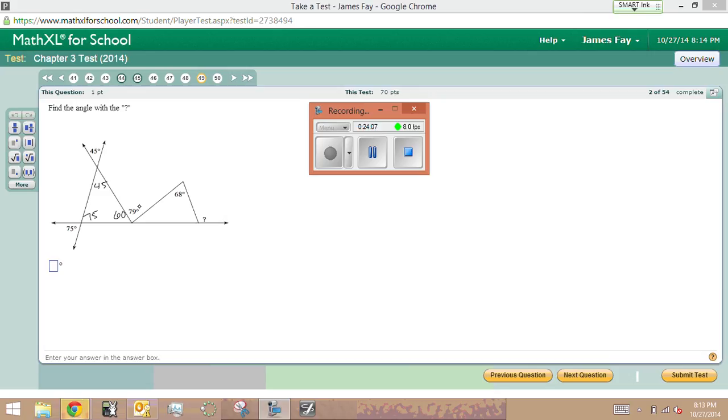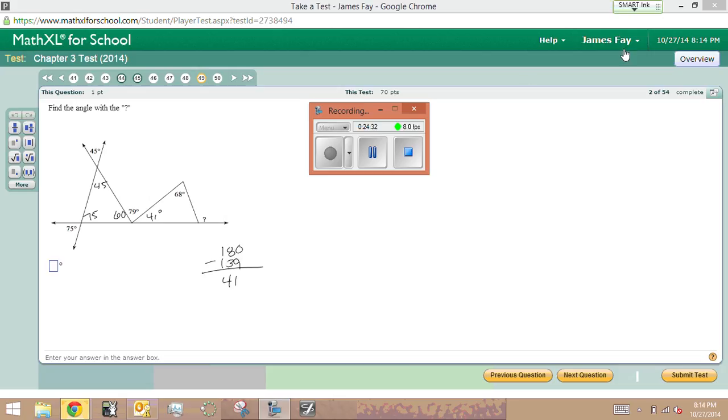So if I've got 139 degrees for those two angles, this angle here must be 180 minus 139, which is 41 degrees. So this angle here is 41 degrees.